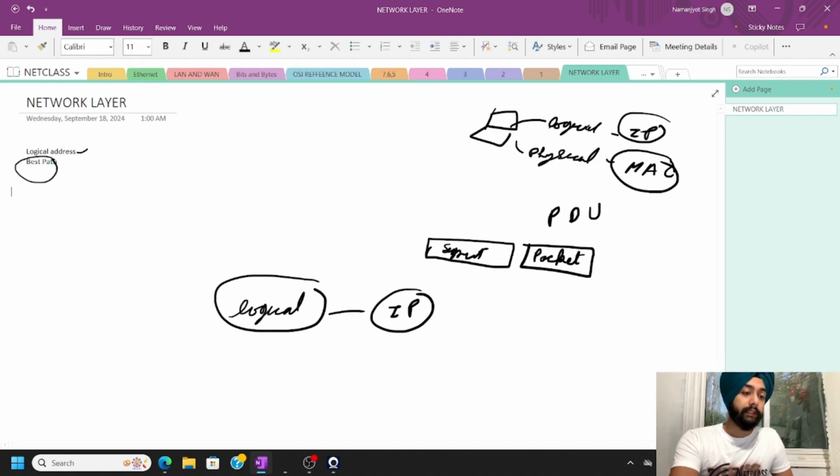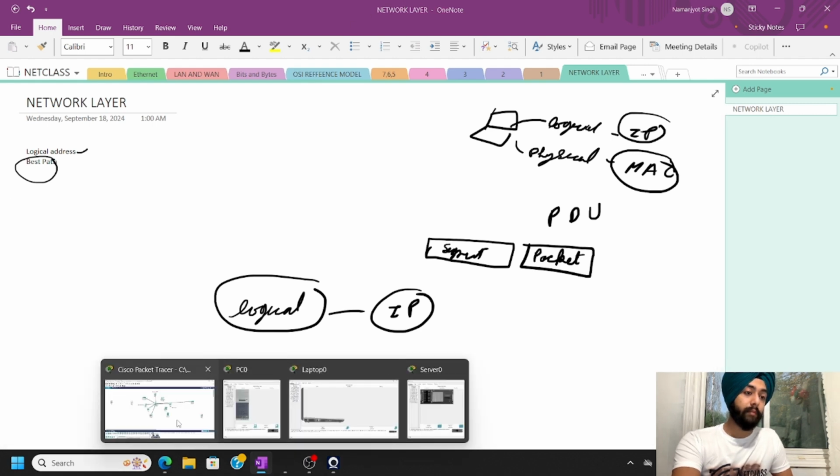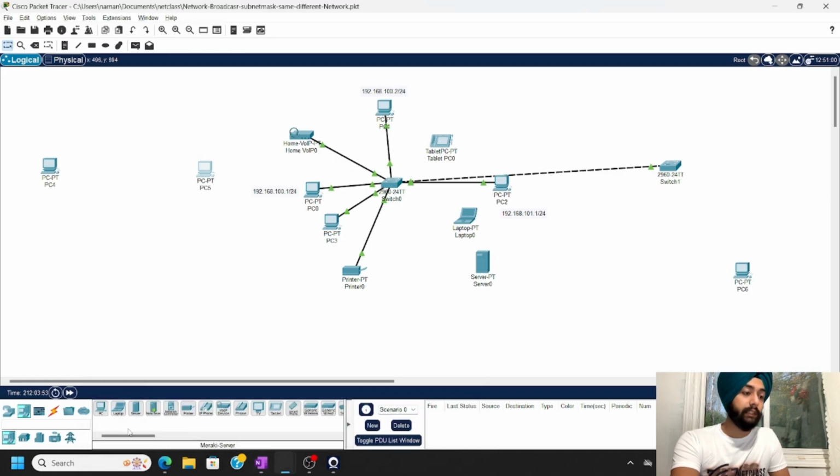Let's take the example of this network we have. Suppose this is a network and we have some router here that is connected, and we have a PC connected to this.